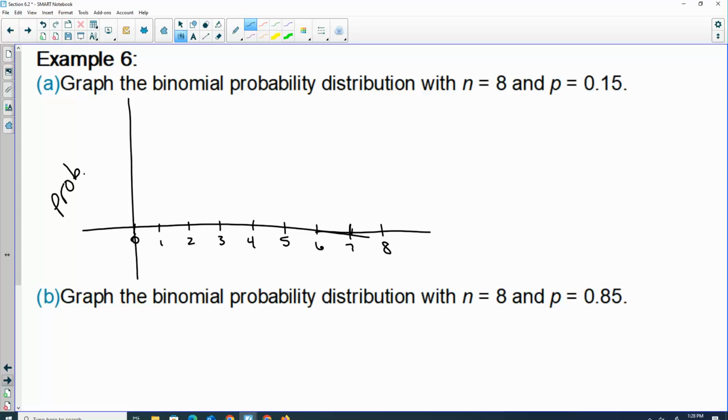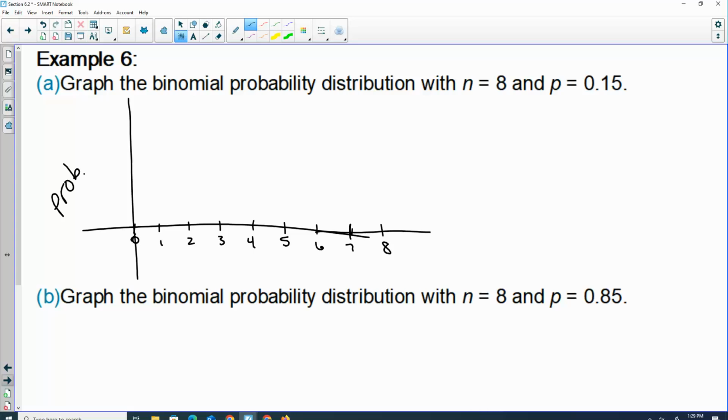We could calculate every one of these probabilities by hand, but we can also look at our table to get them. I think n equals 8 is one that's on here, p equals 0.15. So we're just approximating each of these.